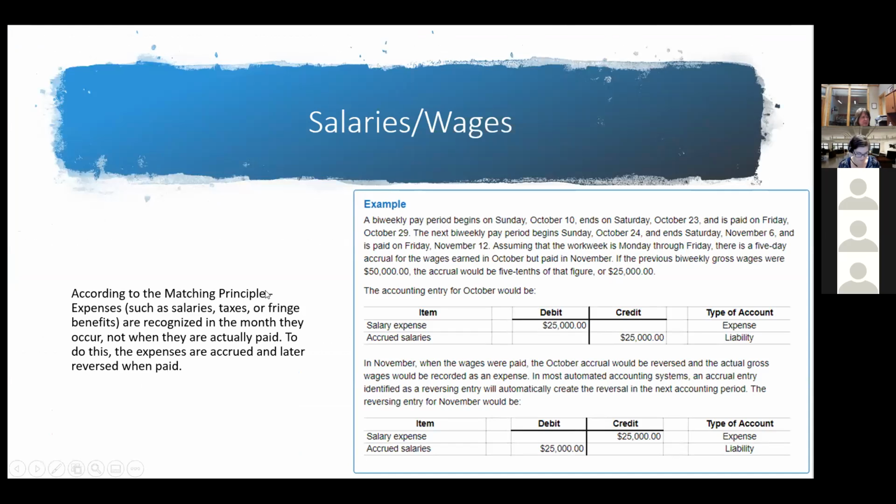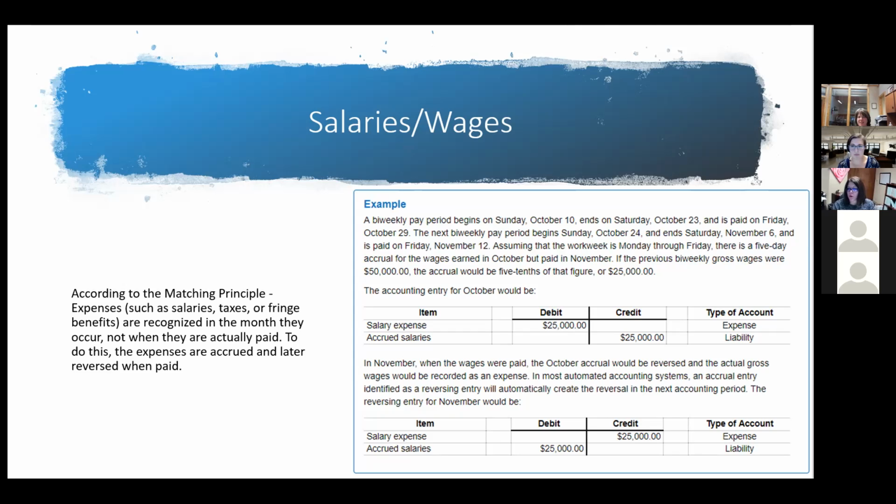So, oh, look at that, matching principle. Great. Next slide. According to the matching principle, salary expenses must be recognized in the month in which they occur, not when they're actually paid. So we just talked about that. So I would increase debit. It's on the income statement. It's a normal debit, $25,000.